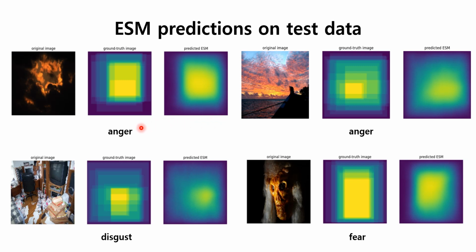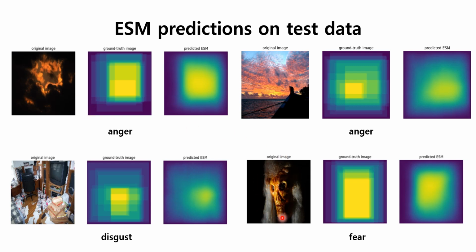For anger emotion, the predicted ESM is showing more weight to where the fire is seen.